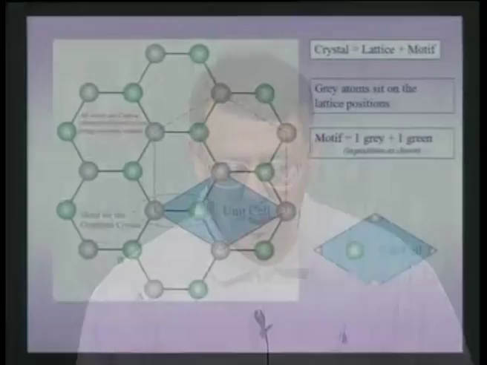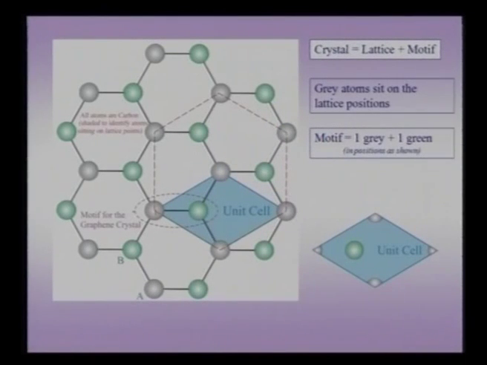So my unit cell would be this blue colored rhombus, and my lattice points are the corners, the gray colored spheres of carbon, and my motif now consists of 2 atoms of carbon, the gray atom and the green atom. Of course, in terms of its chemistry, these 2 carbon atoms are exactly identical, but in terms of our understanding, it's now a 2 atom motif, one of them sitting at the origin of this cell, the other one sitting in a position which is displaced with respect to it.